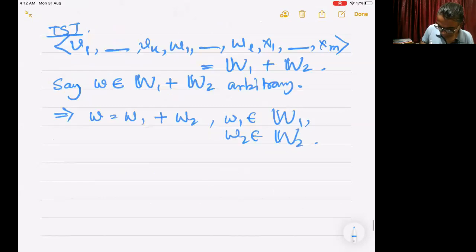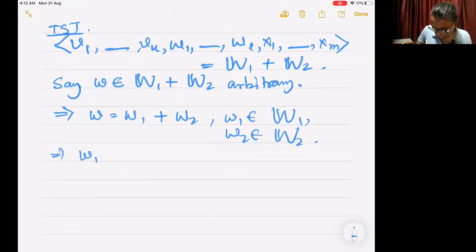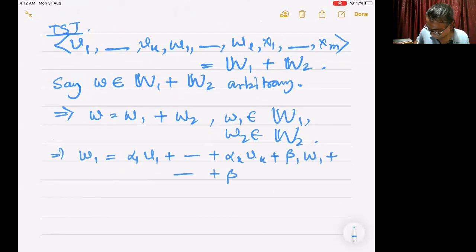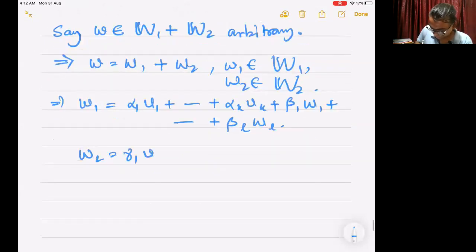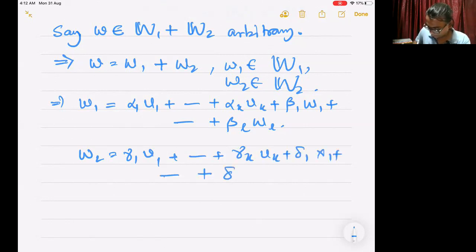So this implies W1 is equal to some alpha 1 V1 plus dot dot dot alpha k Vk plus beta 1 W1 plus dot dot dot up to beta L WL, and W2 must be equal to gamma 1 V1 plus dot dot dot up to gamma k Vk plus delta 1 x1 plus dot dot dot up to delta m xm, right?